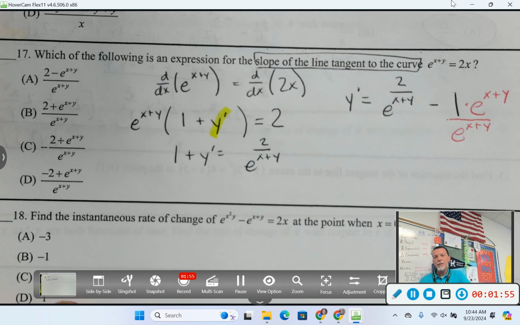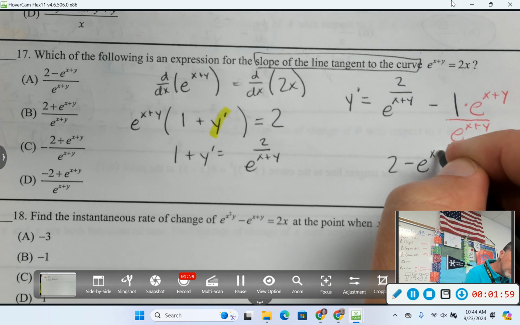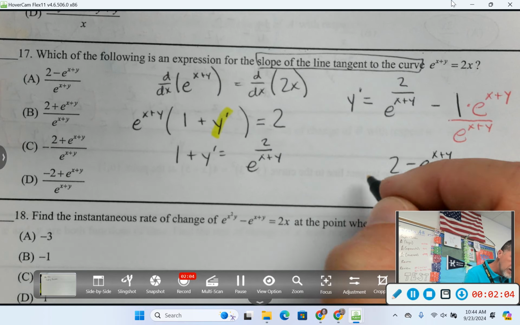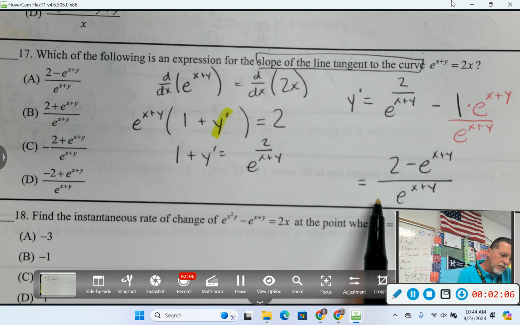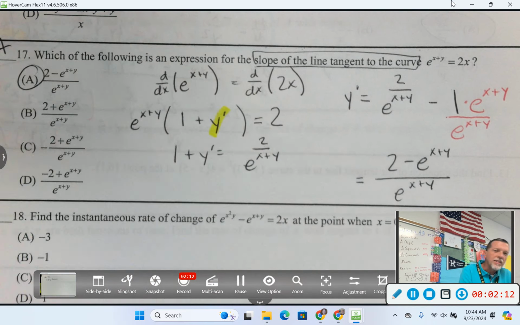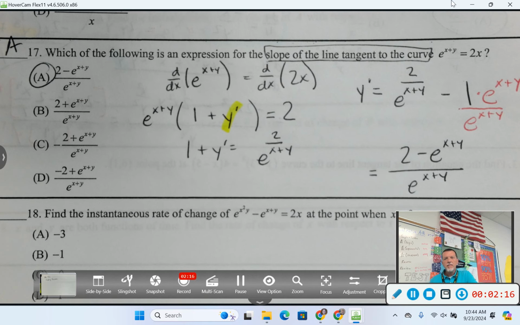Now I've got a common denominator. Now I can subtract the numerators, keep my denominator, and then go look for an answer that matches that. I think answer choice A would be the same thing. It's another one where there's one calculus step and then 3 or 4 algebra steps after that.